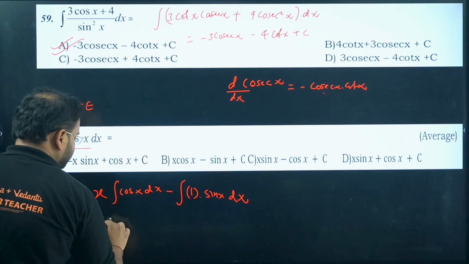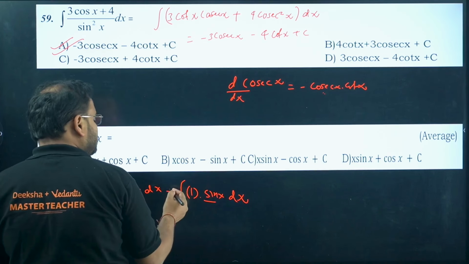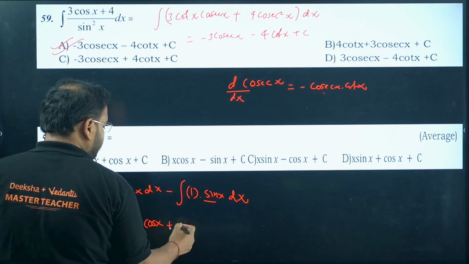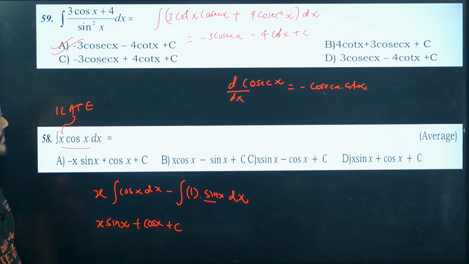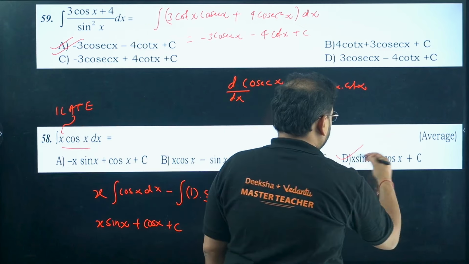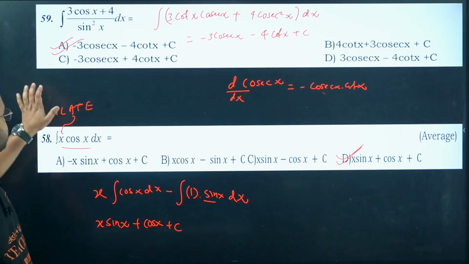This is x sin x. This will become, integration of sin will be minus cos, there's a minus sign, so plus cos x plus c. x sin x plus cos x plus c. Option D. x sin x plus cos x plus c.